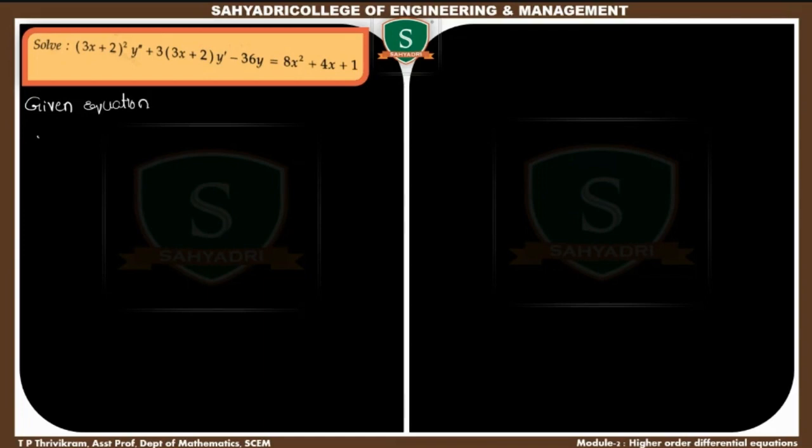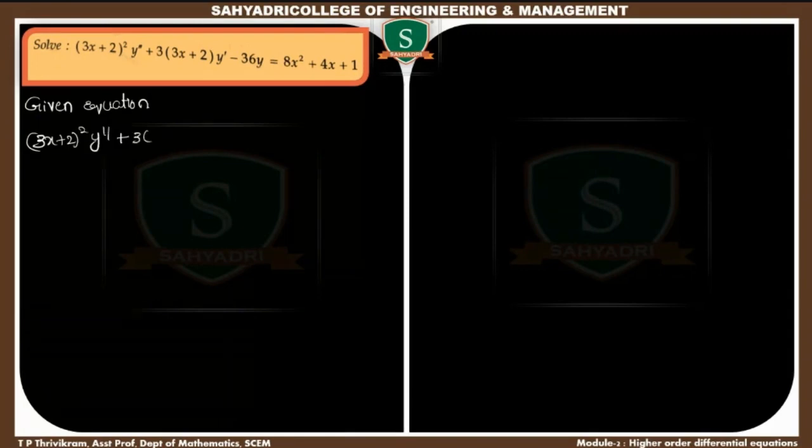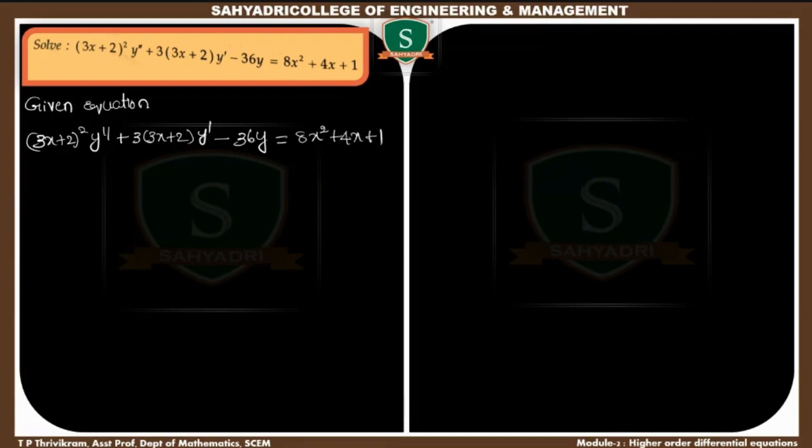Given equation is 3x plus 2 whole square y double dash plus 3 into 3x plus 2 into y dash minus 36y is equal to 8x square plus 4x plus 1. Okay.